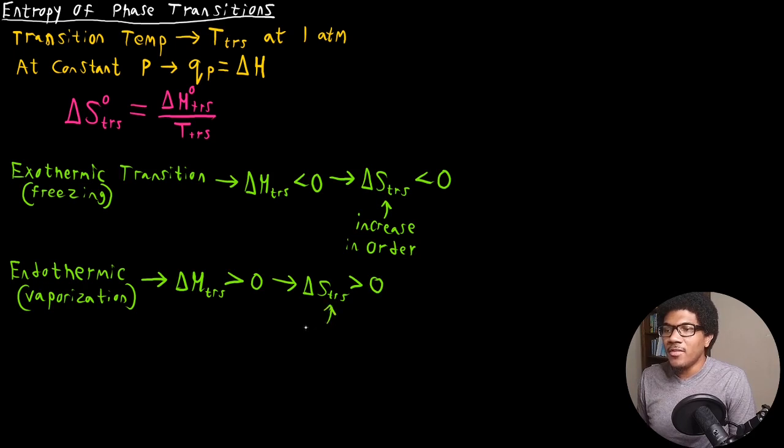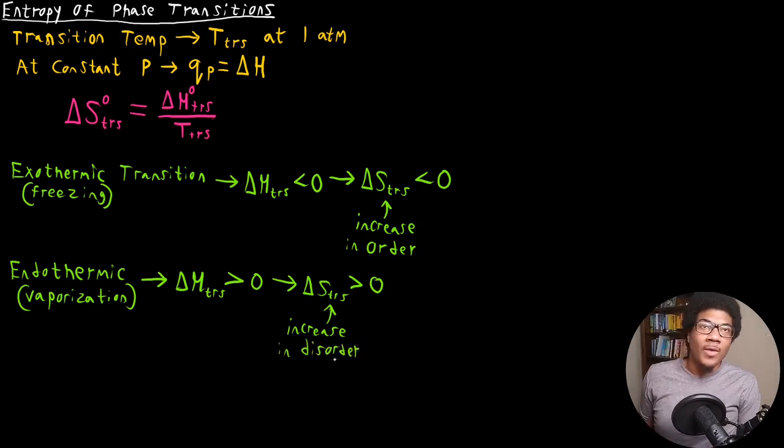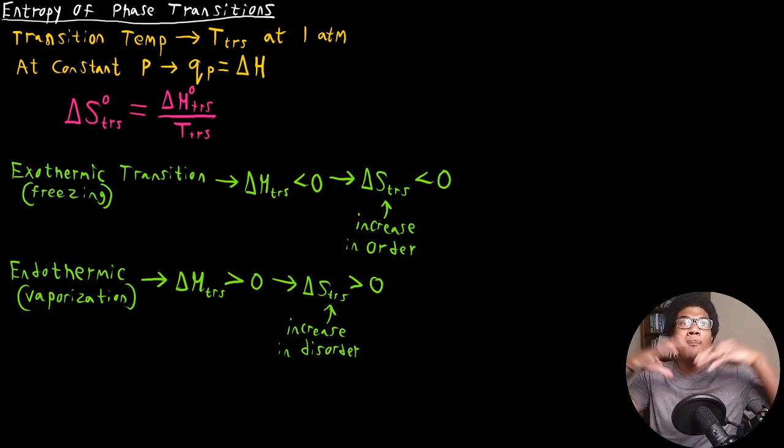So in this case, we're increasing disorder. You're going from an ordered phase to a more disordered phase. For example, with vaporization, you're going from a liquid to a gas, where you have many more possible microstates in the gaseous phase than in the liquid phase.